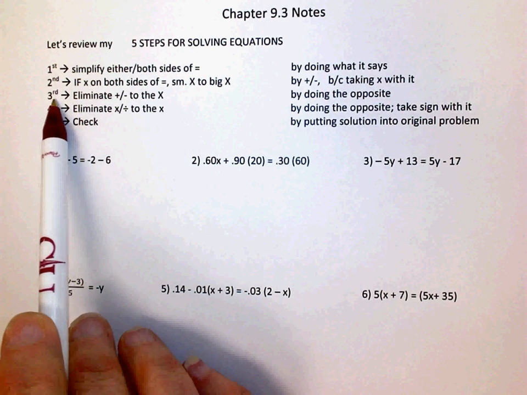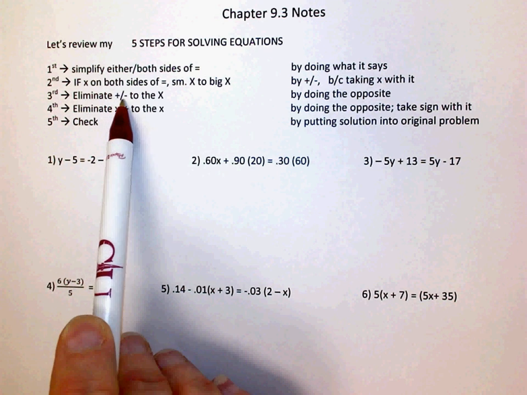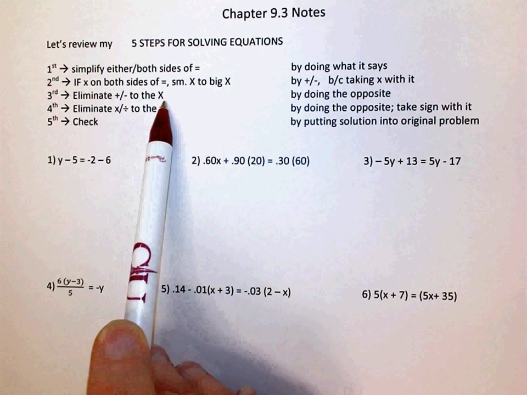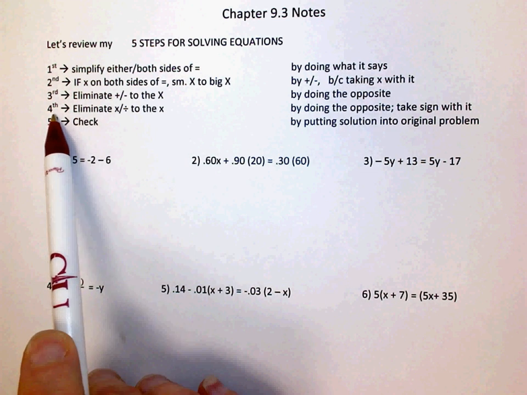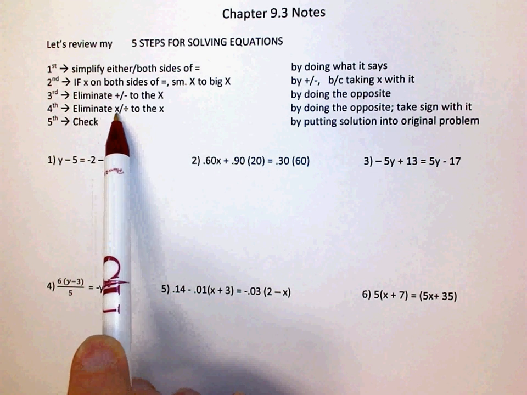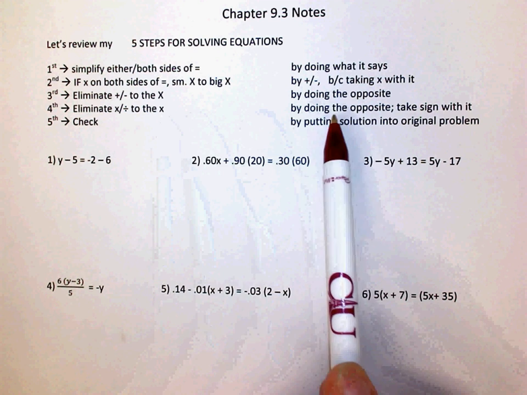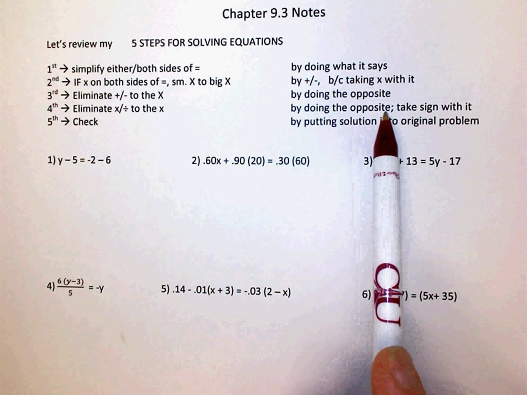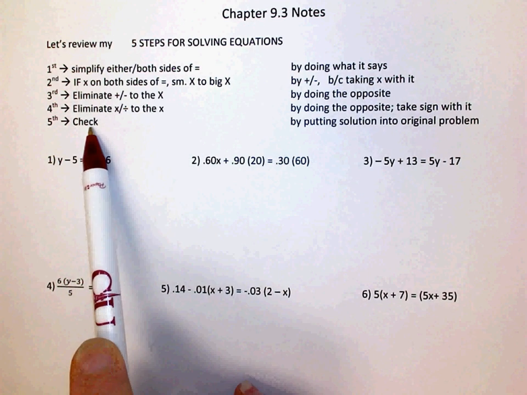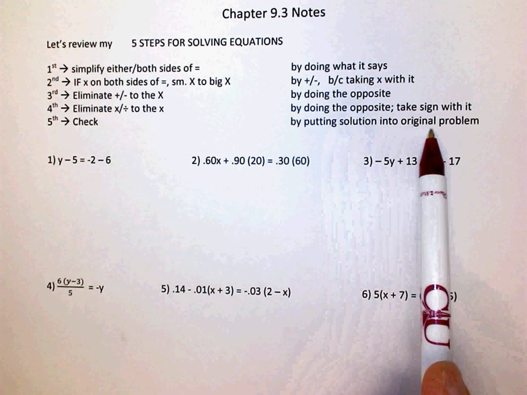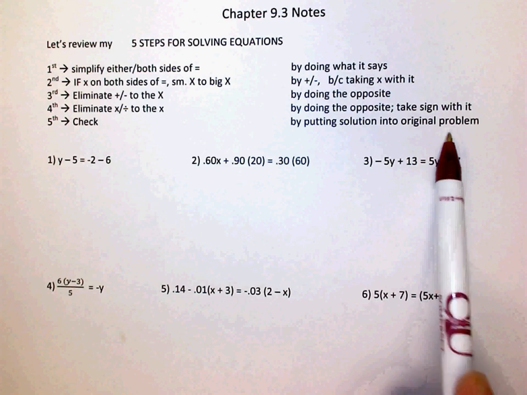The third step is to eliminate whatever is added or subtracted to the x by doing the opposite. Step 4, eliminate whatever is multiplied or divided to the x, again by doing the opposite. Remember to take the sign with it. Step last, check by putting it into the original problem.